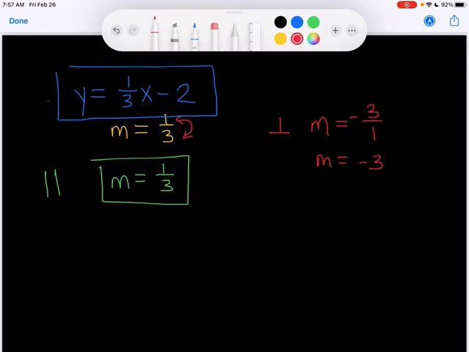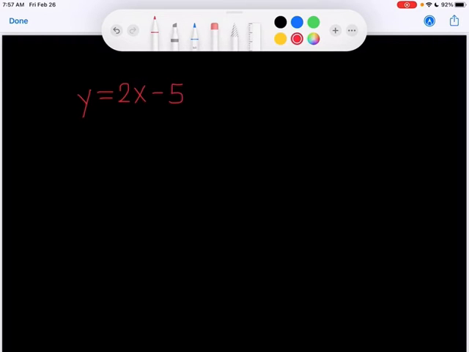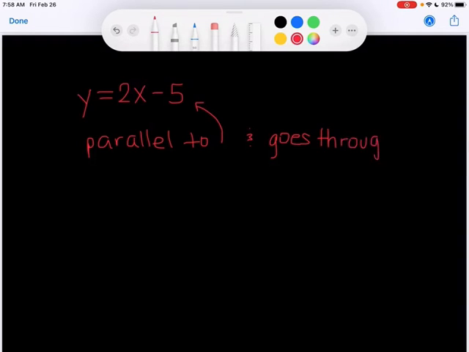Now let's actually write an equation. Let me erase this. Let's say they give us y equals 2x minus 5, and they want us to write the equation of the line that's parallel to that line and goes through the point -2, 1.